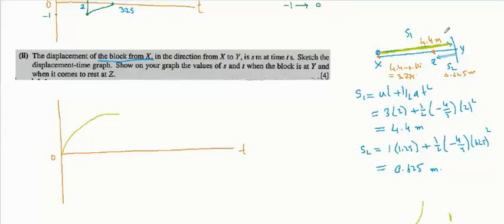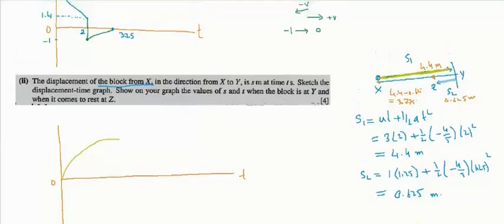It reaches the speed of 1.4. So avoid this horizontal part. So we'll draw it till here, right? So this one is 2 seconds. What is the displacement? I think you are tired, all of you.